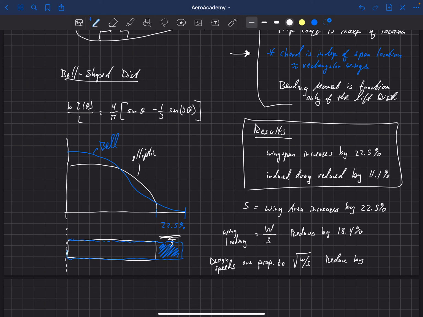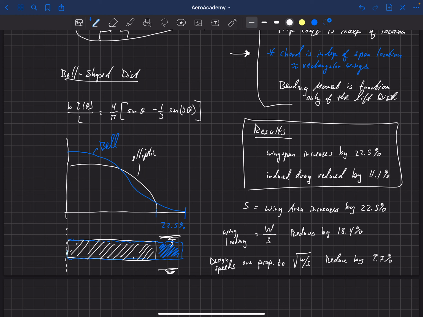The reason that matters is because we had our original wing here that was carrying the elliptic lift distribution, and usually we size that wing based off of the design speed. We have a certain weight, a certain velocity that we need to travel at, and that sizes the area of that wing. Well, if we now put a bell-shaped lift distribution on that same airplane, the way that Prandtl is talking about, and just increase the wingspan by this 22.5%, that's going to change the wing loading.